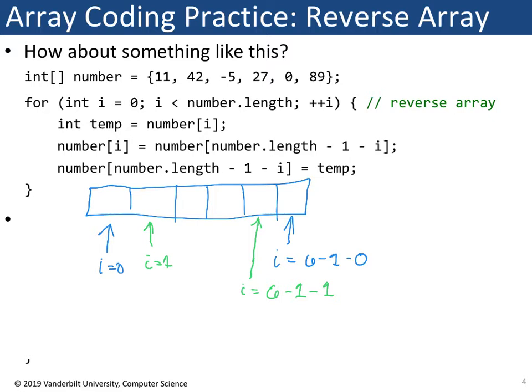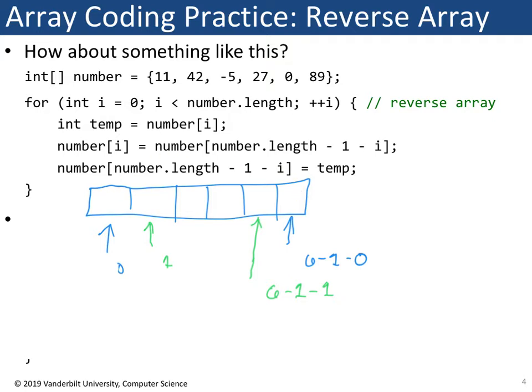I shouldn't say I equals for this side, but I think you understand the point I'm making. So this is element 0, which is given by I when I is equal to 0. When I is equal to 0, element 5 is given.